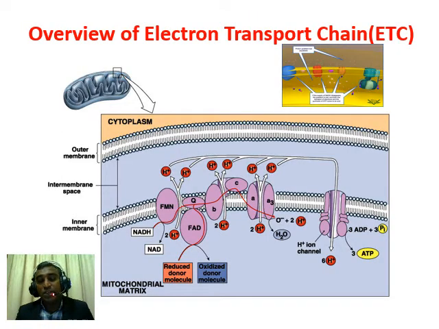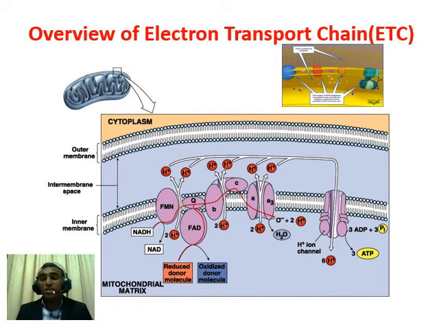This slide basically gives you an overview of what happens. It also shows you the structure of the cell, that you have cytoplasm, mitochondrial matrix, the outer membrane, the intermembrane space, and the carriers found in the inner membrane itself that help in accomplishing the buildup of ATP.